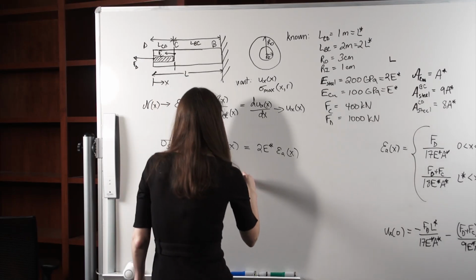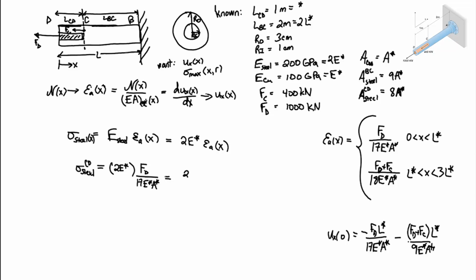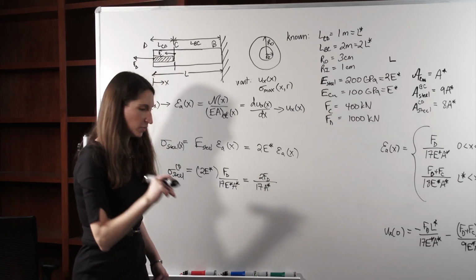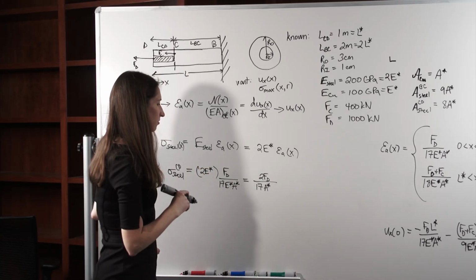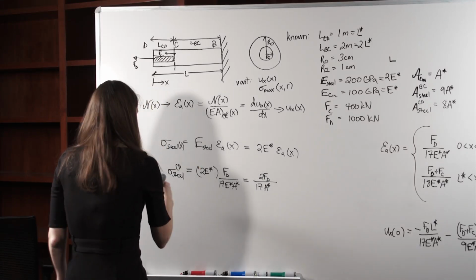So our E's cancel out, and we get 2FD over 17 A star. Okay, and so that makes sense, right? Because we have force over area, which is always stress. So our units will work out. That's good.